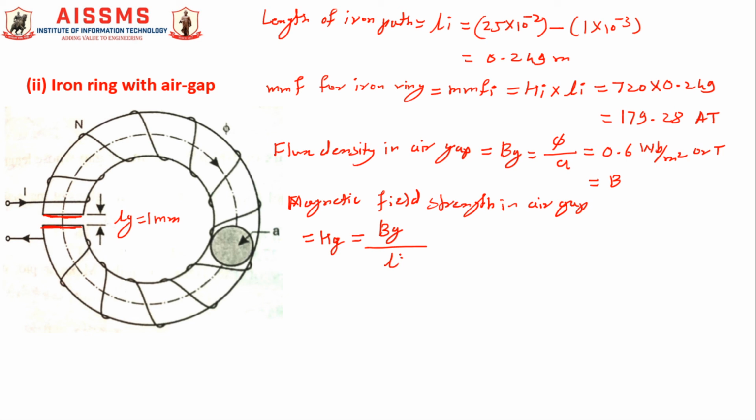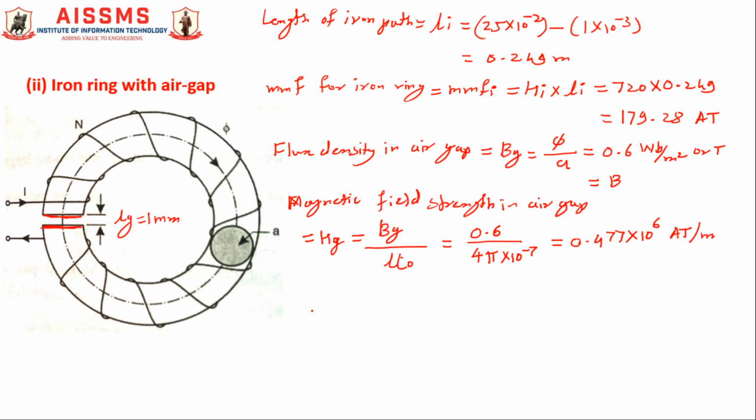So it is equal to Bg, which is 0.6, equal to flux density of iron, divided by mu 0, which is fixed, 4 pi into 10 raised to minus 7. So it is equal to 0.477 into 10 raised to 6 ampere turn per meter or ampere per meter.